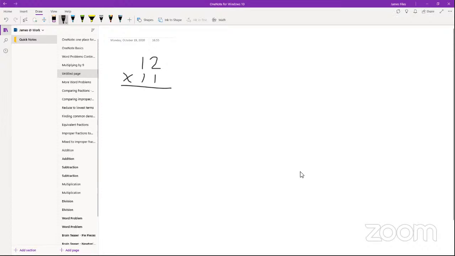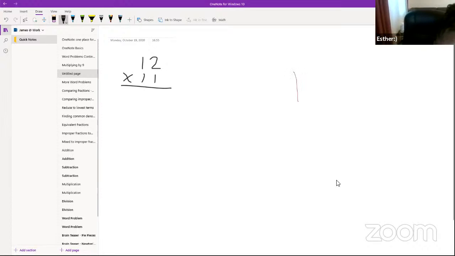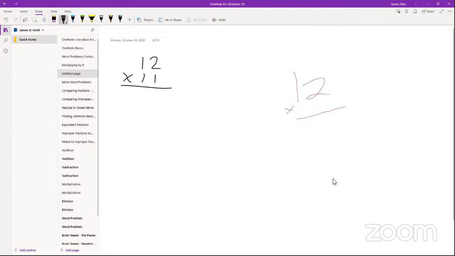Esther, is that you? 12 times 11. James, I would say let's leave out double digit for now, because double digit is mostly for fourth graders and everybody that's here right now are third graders. So you want to just stick to single digit or 2 digit multiplied by 1 digit, just like what you're doing. I'll say do more single digit drills.